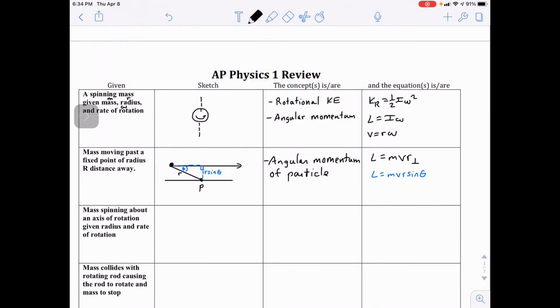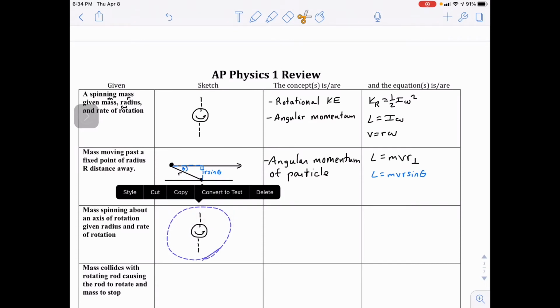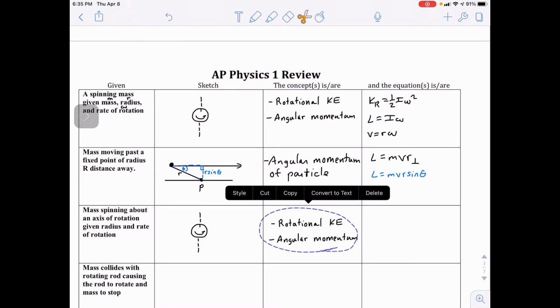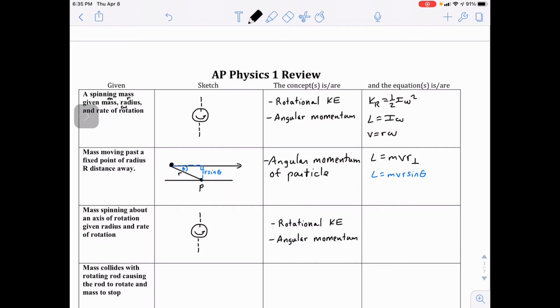Now in the next scenario, we have a mass spinning about an axis of rotation, and we're given a rate of rotation. So it's the same situation as the first scenario, with the same concepts. In other words, and you find this quite often, the third scenario is the same idea given slightly different information.